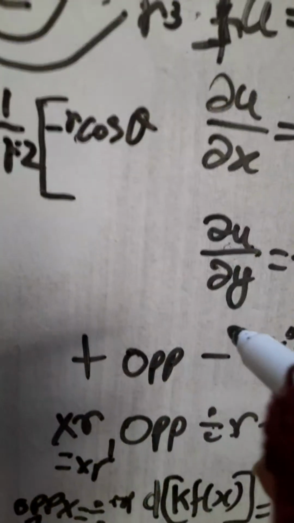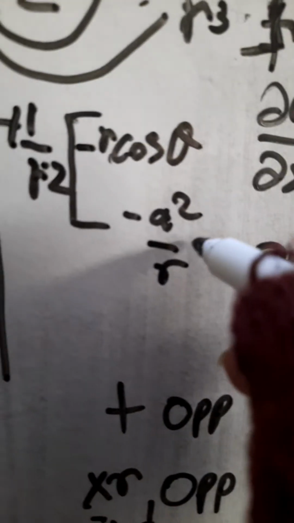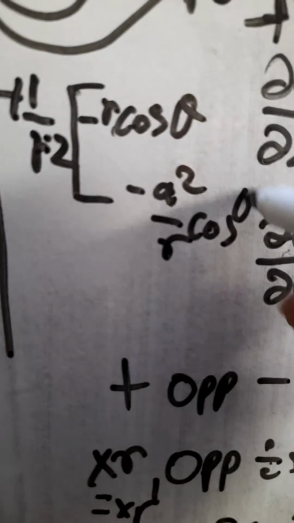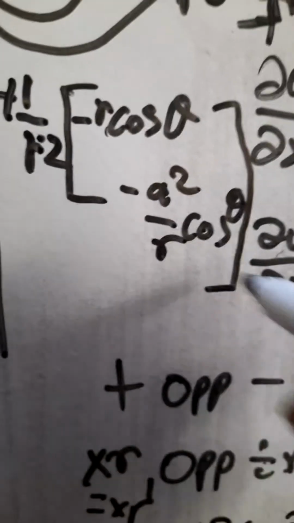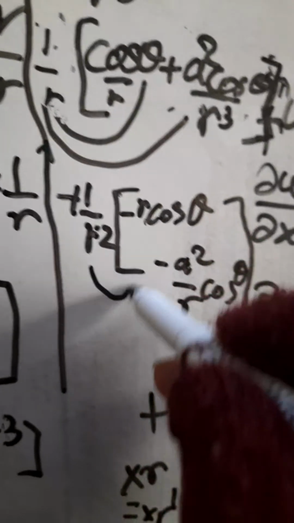Now I have to multiply this whole stuff by minus r cos theta minus a square by r cos theta stuff. Okay. Now what is happening here is, so this is out of the bracket, so it will be both.